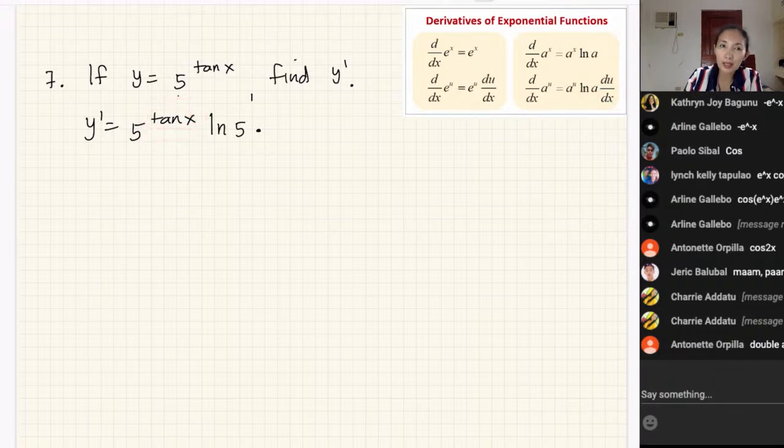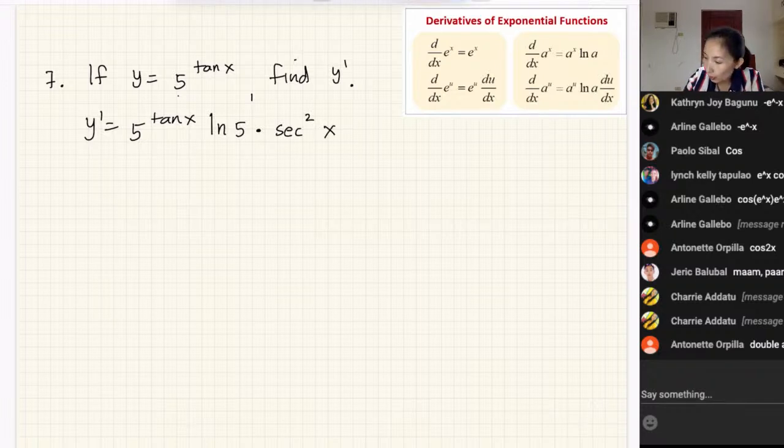Go back again to your list of derivatives for trigonometric functions. The derivative of tangent x is secant squared x.